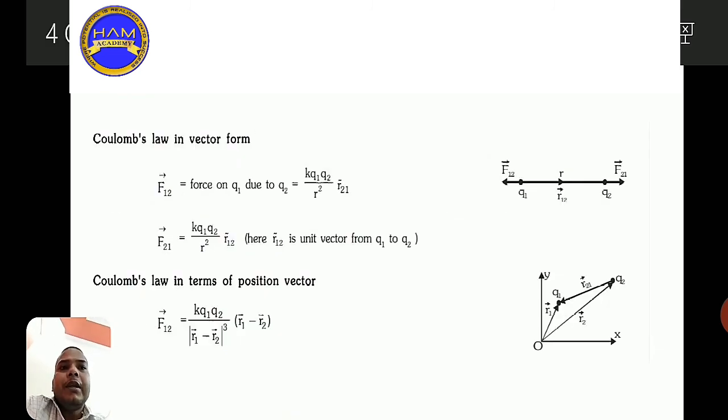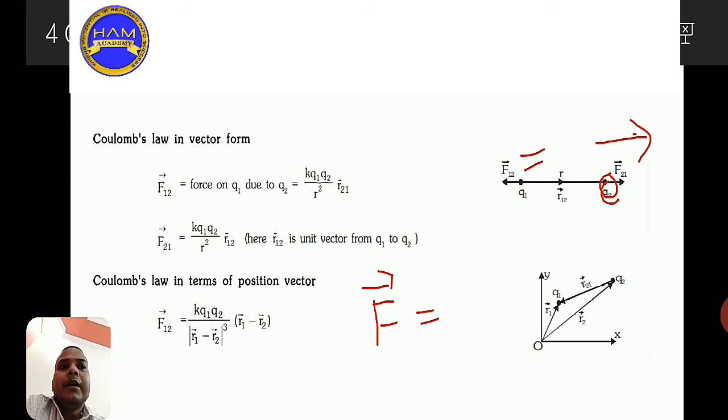We can also write Coulomb's law in vector form, because we know that force is a vector quantity. It has magnitude as well as direction. So when we calculate the force in vector form, let's say Q2 is stationary. If Q2 is stationary, then Q1 will try to push the charge if both are of the same nature.